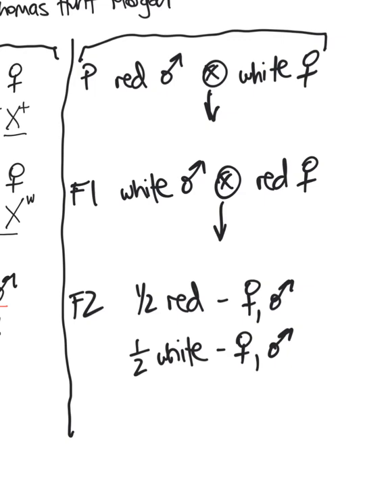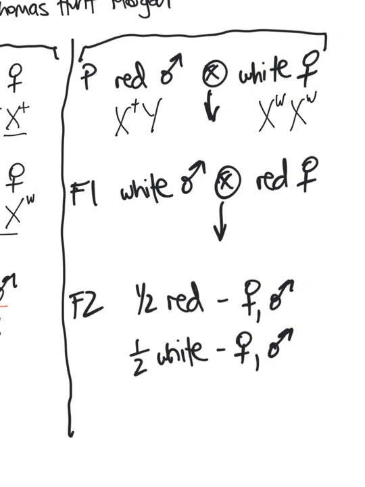We have a parental type red male. He's hemizygous. He has an X and a Y chromosome, and his X chromosome is going to have a wild type allele. Our pure breeding white female has 2 X chromosomes, and both carry the white allele.